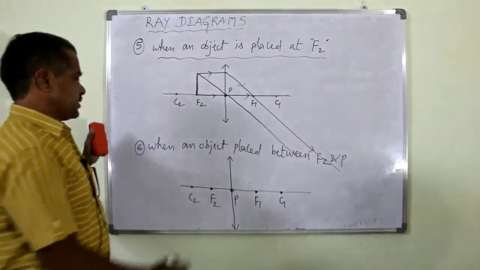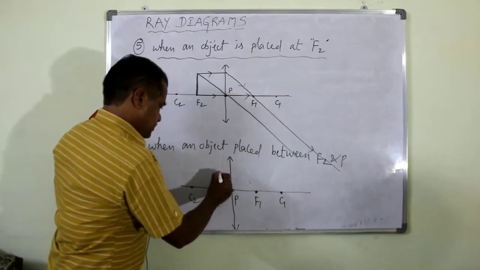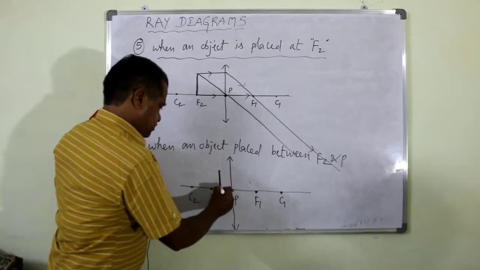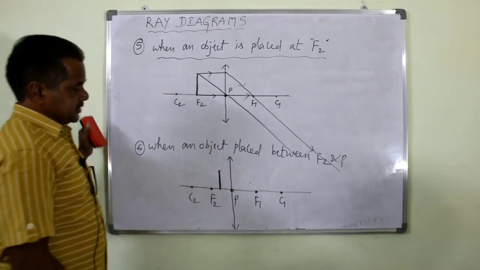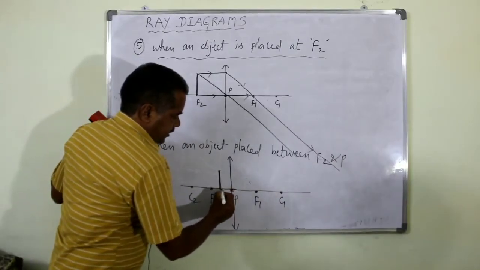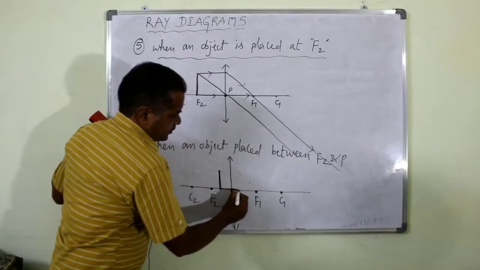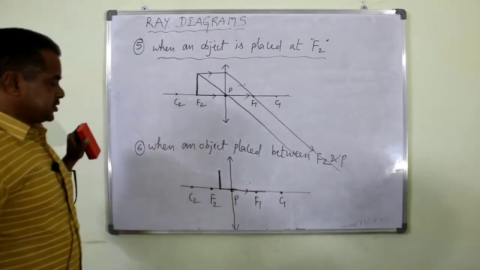Here in this case we are taking one object which is placed between focus point and optic center. So same, one light ray passes from the bottom of the object along the principal axis. The corresponding refracted ray doesn't deviate its direction.